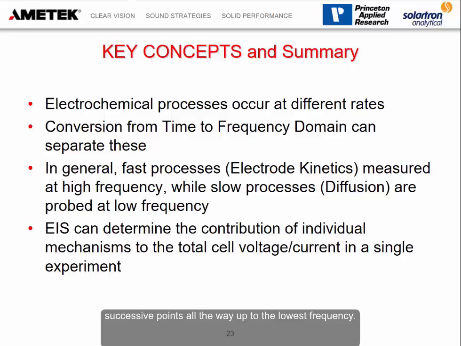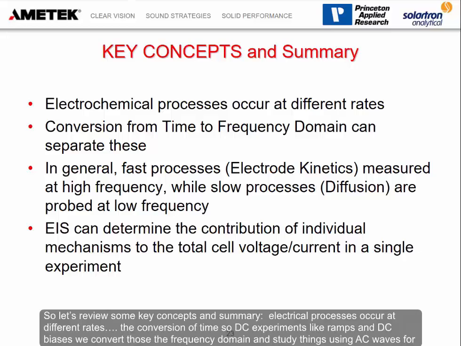So let's review some key concepts and summaries. Electrochemical processes occur at different rates. When we convert DC experiments like ramps and DC biases to the frequency domain and study things using AC waves for impedance spectroscopy, we can separate out these different electrochemical processes.